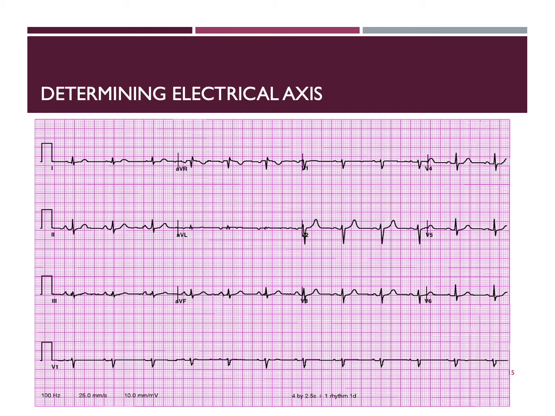So to determine electrical axis, what we want to look at is a 12-lead ECG, like what we have here on this slide. Because the hexaxial reference system is derived from the limb leads, we will mainly be focusing on the leads shown in the 2 columns on the left side of the figure. So what we're looking at here are leads 1, 2, 3, aVR, aVL, and aVF.